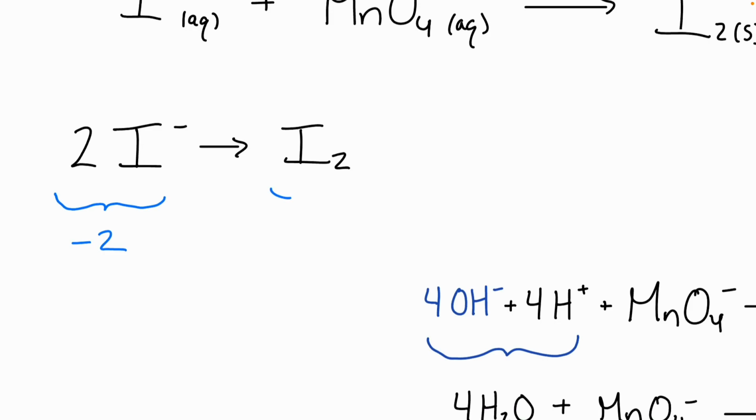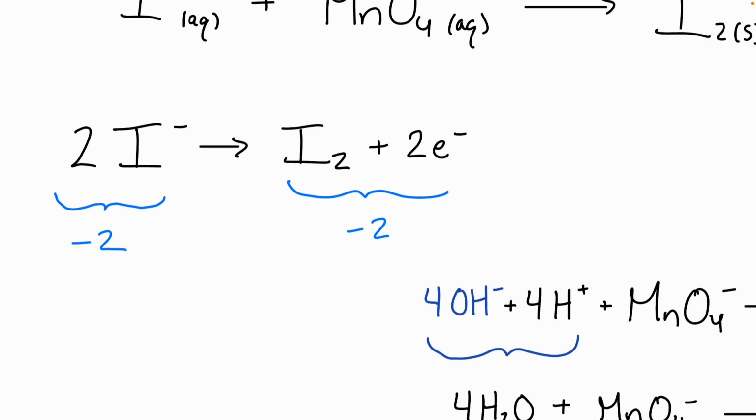And what about on the right-hand side here with my one neutral iodine molecule? 0. Okay, so I'm going to charge balance by adding electrons. That means I need to add 2 electrons over here on the left, so that my net charge is -2 over here as well.